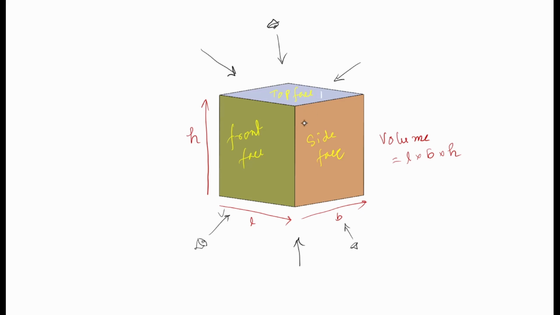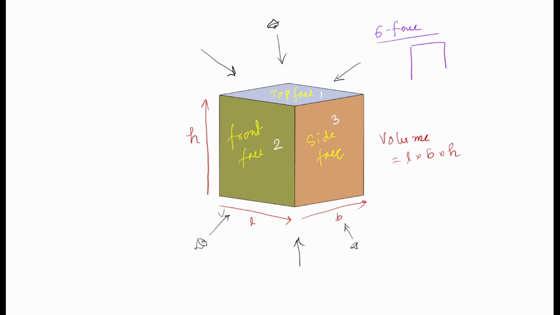So this is face 1, this is face number 2, this is face number 3. Similarly, the bottom face will be face number 4, the left side face is face number 5, and the behind face is face number 6. So there are a total of 6 faces, and in a cube all these 6 faces are square shaped.